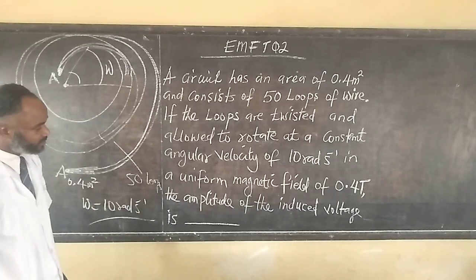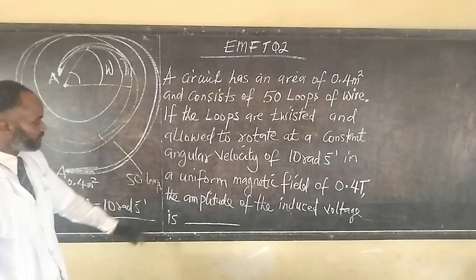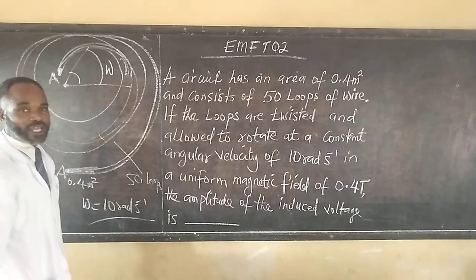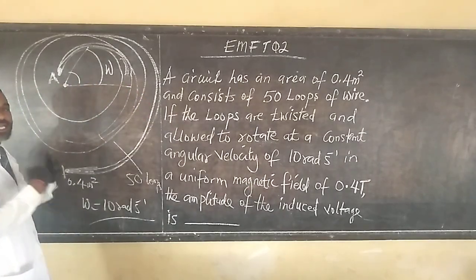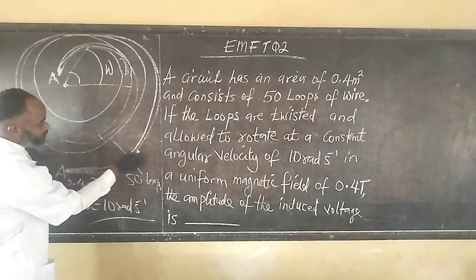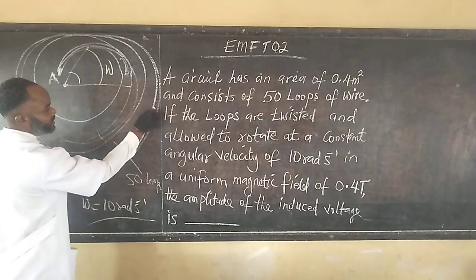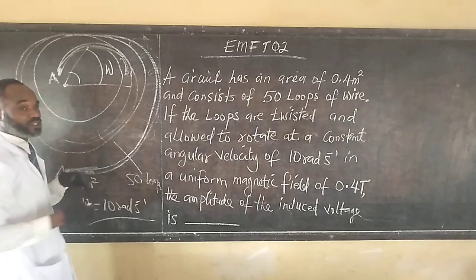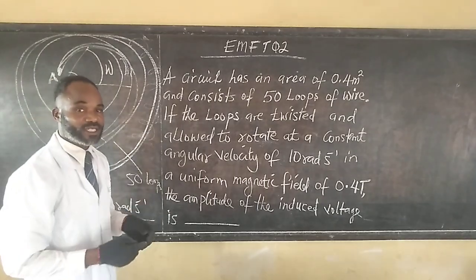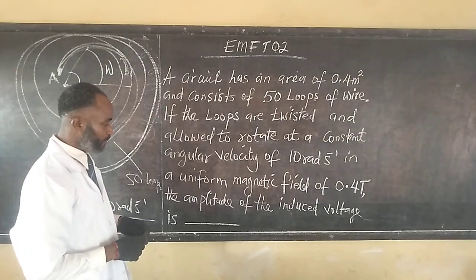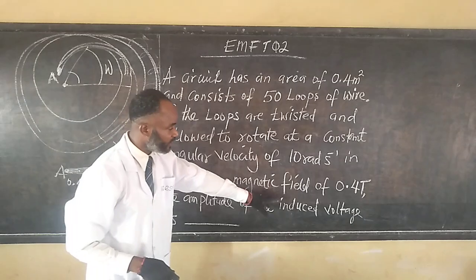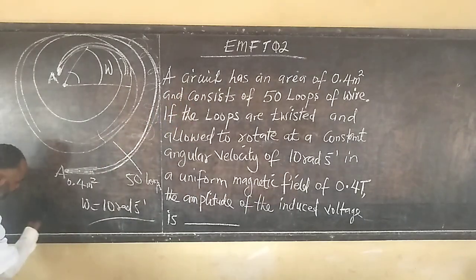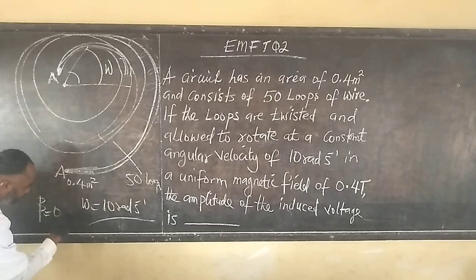What next? We are talking about a uniform magnetic field. The coil has some magnetic flux around it, very tiny, which cannot be seen with our naked eyes. We can see this with some high-rated instruments. That magnetic field is B equal to 0.4 Tesla.